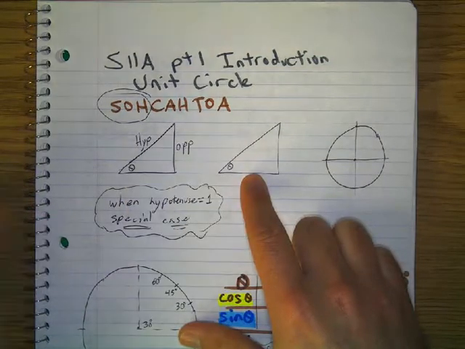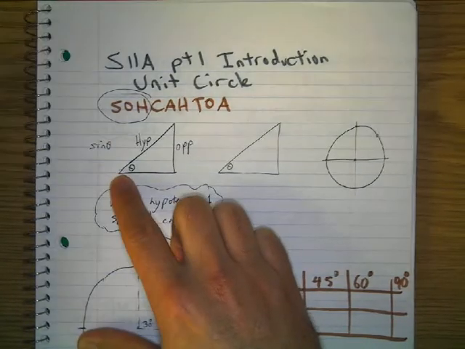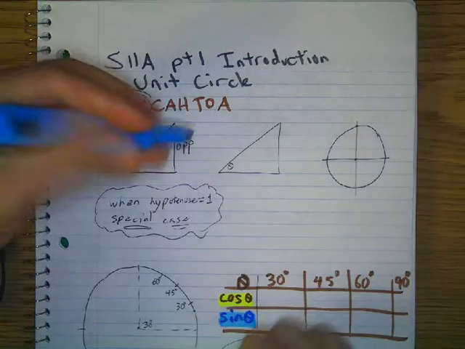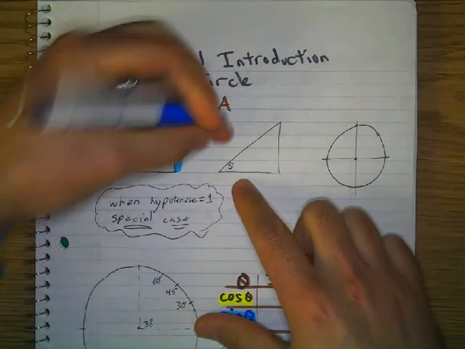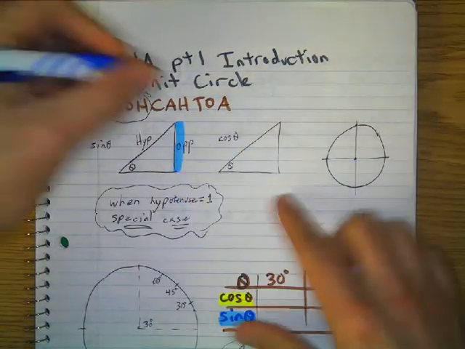For sine theta, we're dealing with opposite over hypotenuse. And for cosine theta, we're dealing with adjacent over hypotenuse.